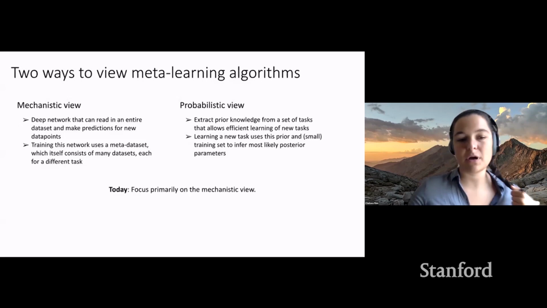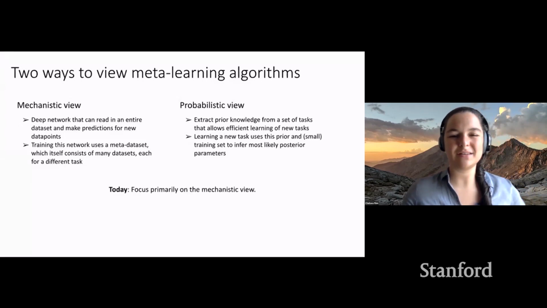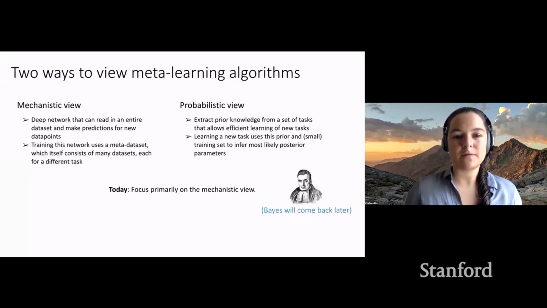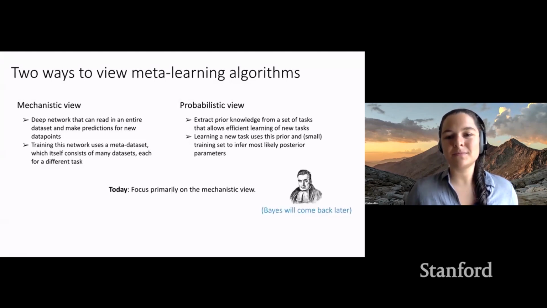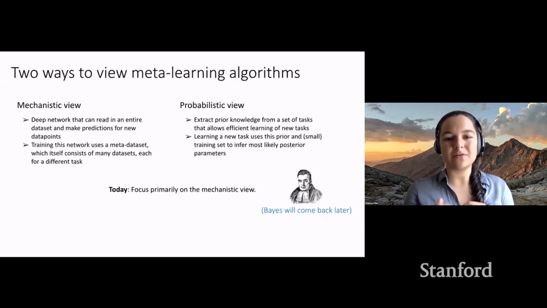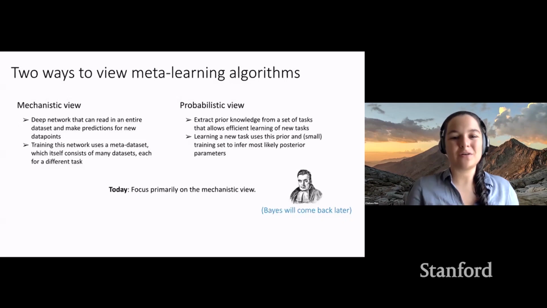Today we're going to focus primarily on the mechanistic view because it's a little bit easier to understand, especially from the standpoint of implementing these algorithms. But we will talk about the probabilistic view when we talk about Bayesian meta-learning algorithms and explicitly connect these meta-learning algorithms to graphical models and learning priors over parameters in those graphical models.